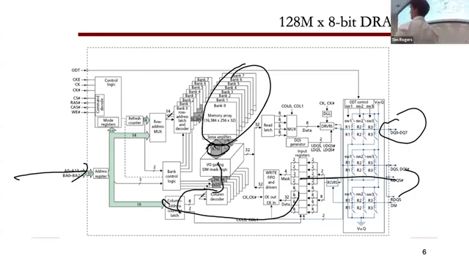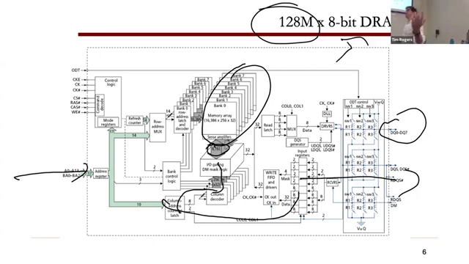Okay, so 256 by 32. And then 16K is the number of rows. And if you do all this math, you figure out how big the memory chip is, right? This is a 128 meg memory chip, and it's got 8 bits coming out of it. So that's the capacity of this thing. And then 8 bits is the output bandwidth that you get out of it, depending on what clock rate you clock it at. And again, the clock rate will be determined by what type of DRAM it is, okay?